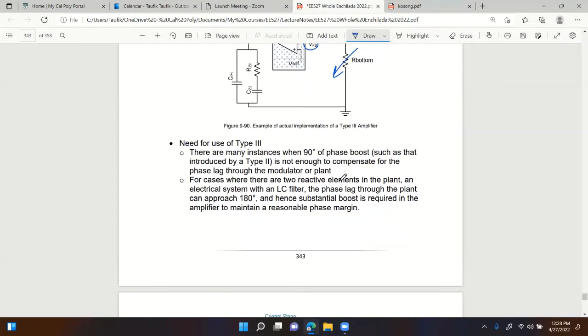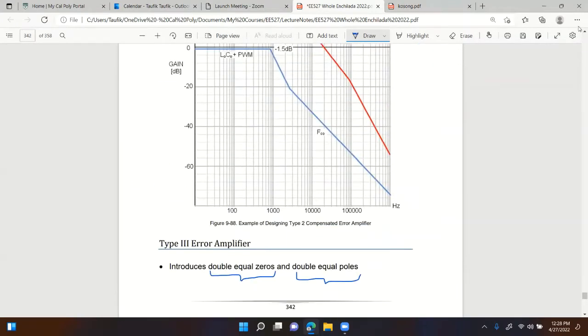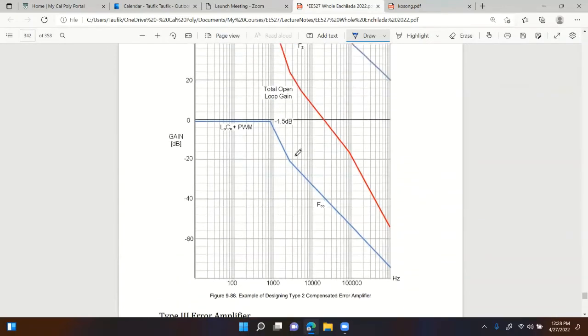Let's say the ESR is really small. So the ESR really small means what? ESR frequency is way above the crossover frequency. Imagine this picture right here. That's the ESR frequency. What if the ESR is somewhere over here, far away?